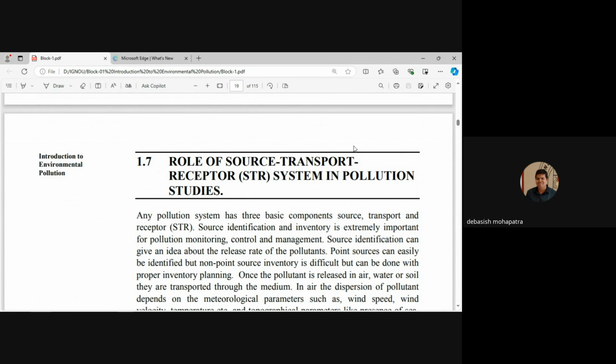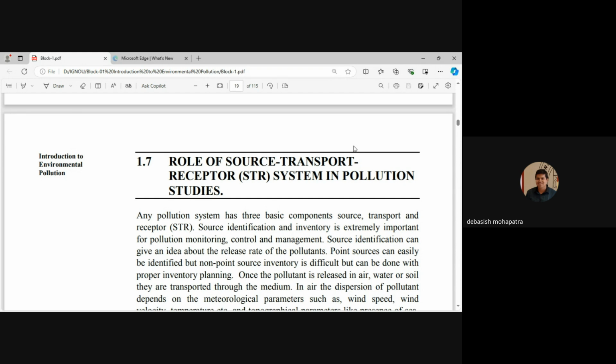The source identification and inventory is extremely important. Source identification can give an idea about the release rate of the pollution. A point source can easily be identified, but non-point source investigation is difficult, but can be done with a proper inventory plan.